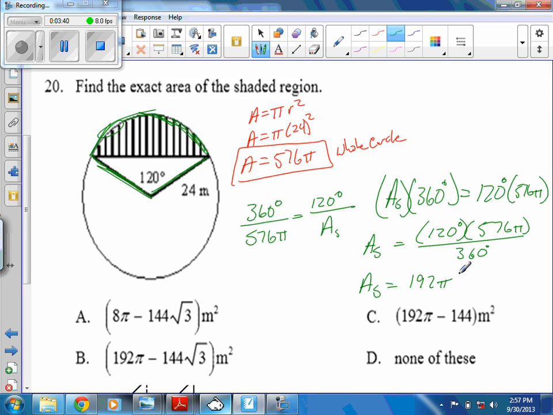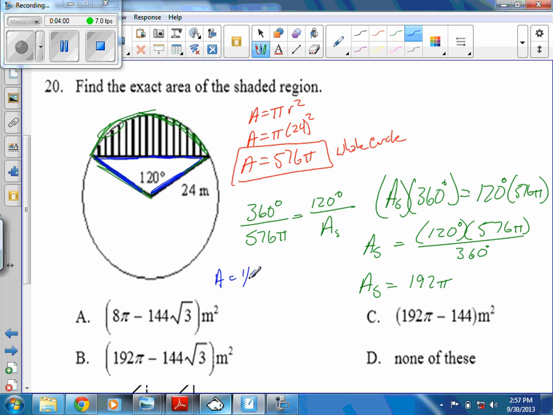So now what we have to do is we just need to figure out the area of the triangle. And by the area of the triangle, I mean this area. So what do we know? How do you find the area of a triangle?